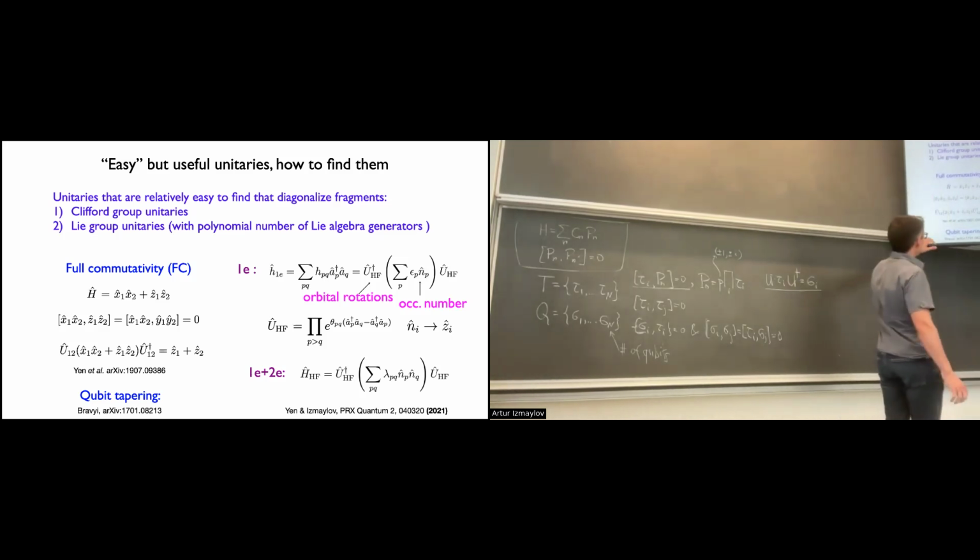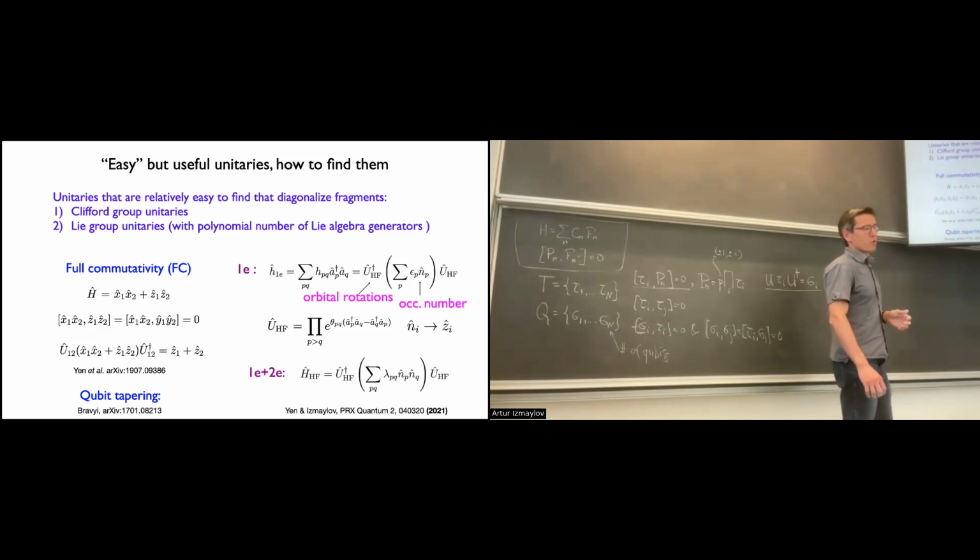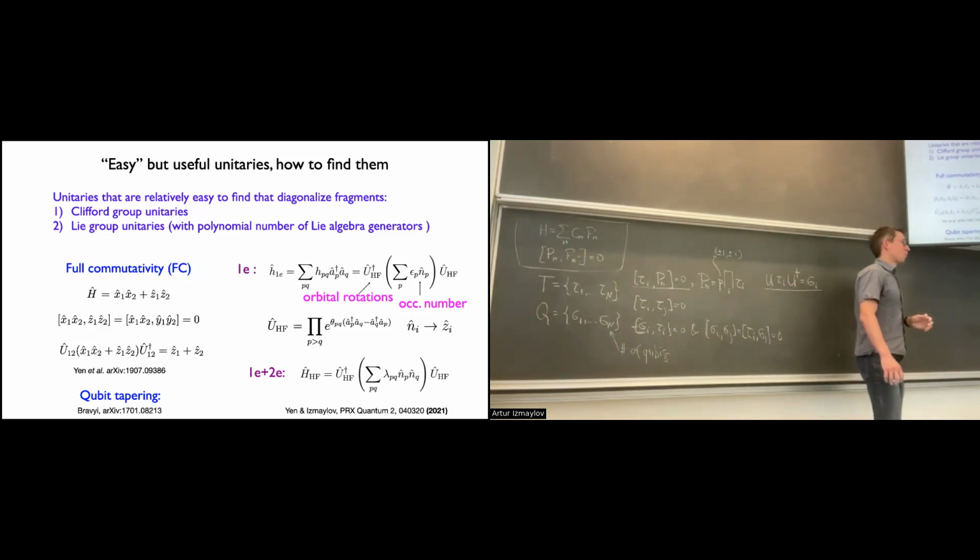Also, the same geometrical or algebraic construction is used in the so-called qubit tapering technique. I guess both could be related to the so-called stabilizer formalism in quantum computing, which is not the first thing that chemists study, but it's somewhat in the quantum computing literature.